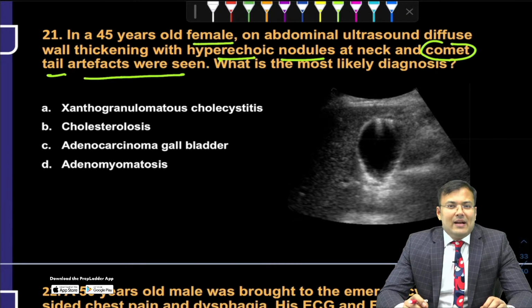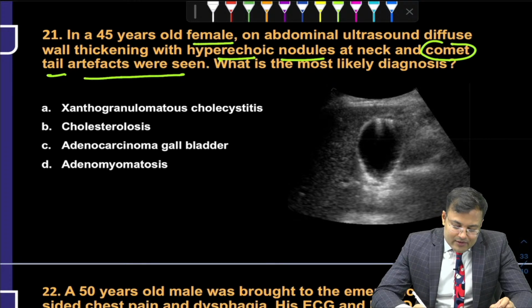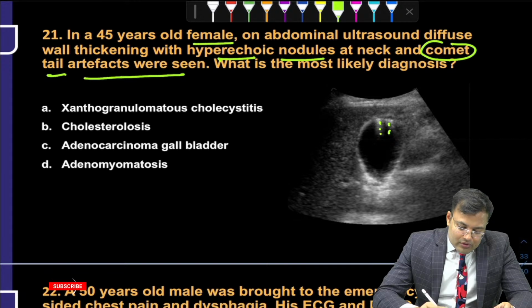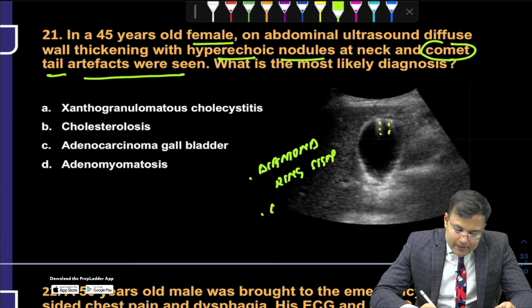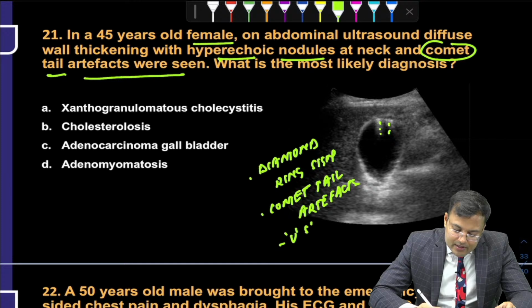It's the diamond ring sign, also known as comet tail artifacts or V-shaped artifacts. Here you can see. Clear?